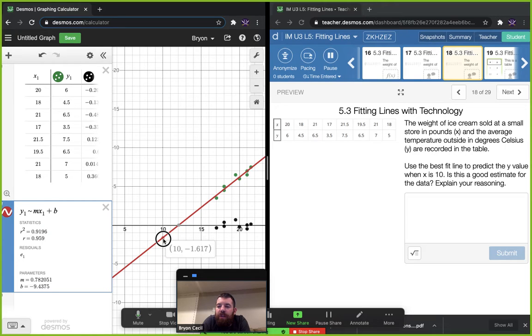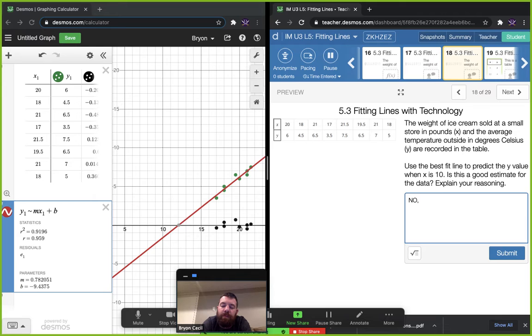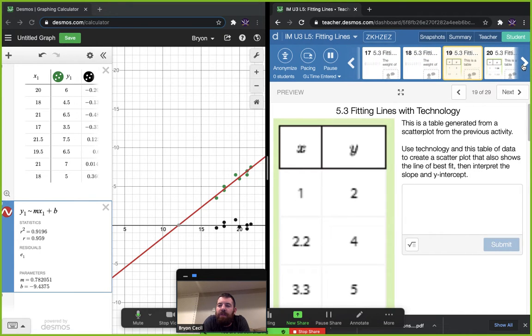Is that a good estimate for the data? It would be no, because you can't sell negative amounts of ice cream. Again, it's a prediction line, so not all of the values are going to work, but in that case no, it wouldn't, because you're not going to sell negative 1.6 pounds of ice cream.